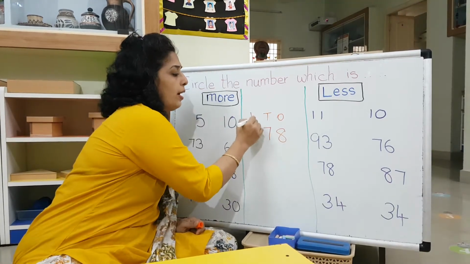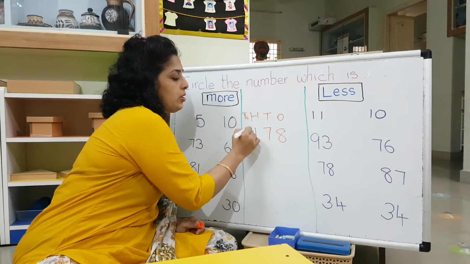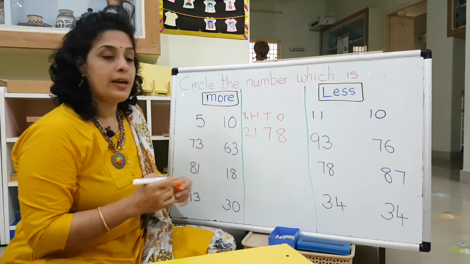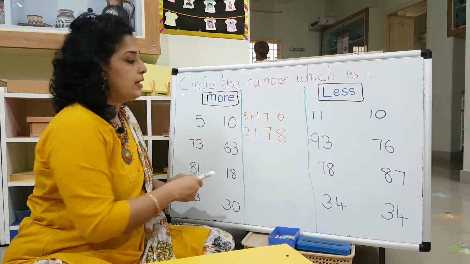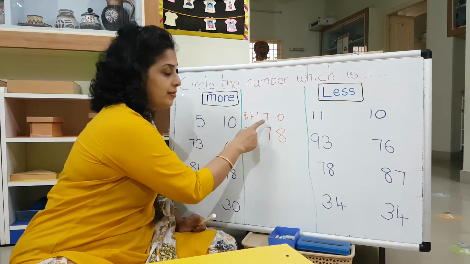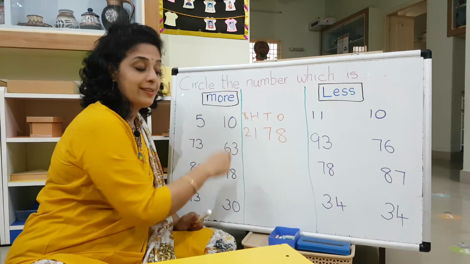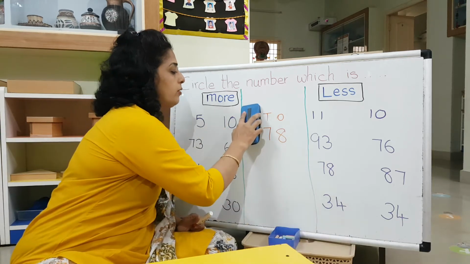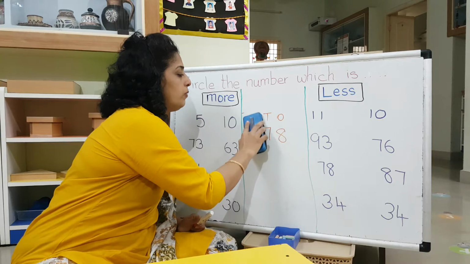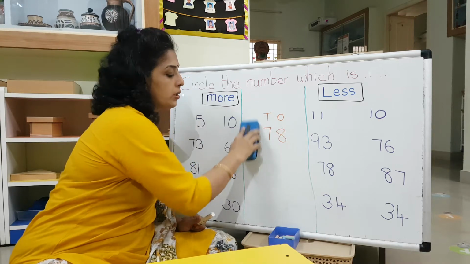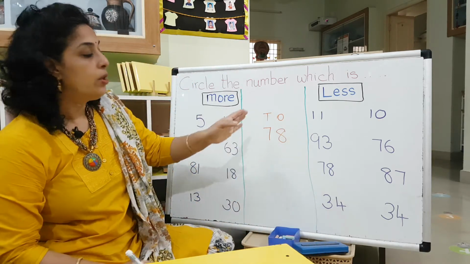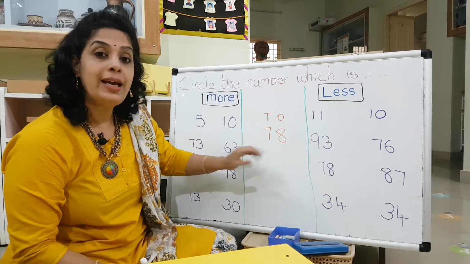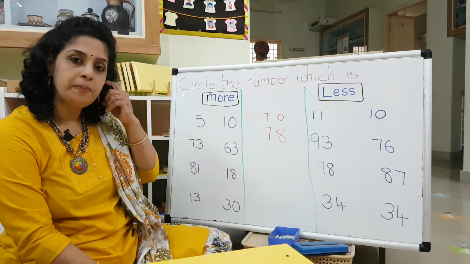Like that it will go hundreds place and thousands place, is it not? You say 2178. Yeah, so you know this is ones place, this is tens place, this is hundreds place, this is thousands place. We are now only going to see 2-digit numbers, so we don't need this now, only 2 numbers. So what you have to do is, you will have to go by the tens place and ones place.